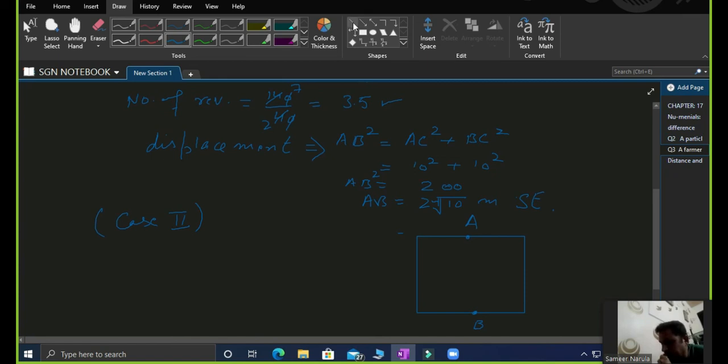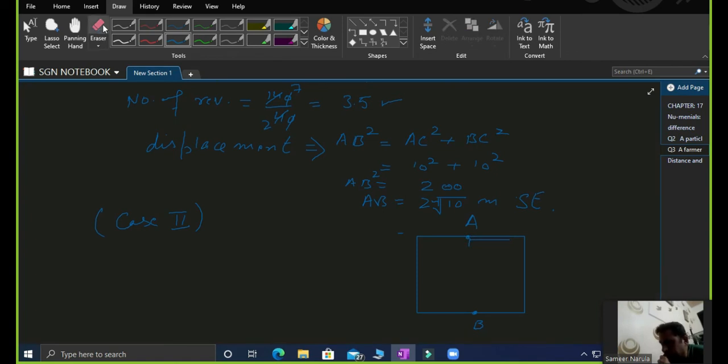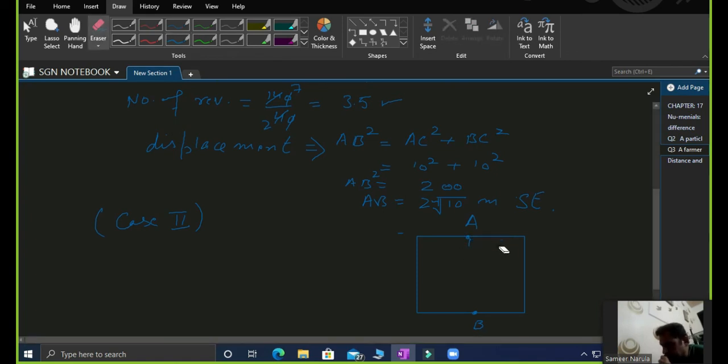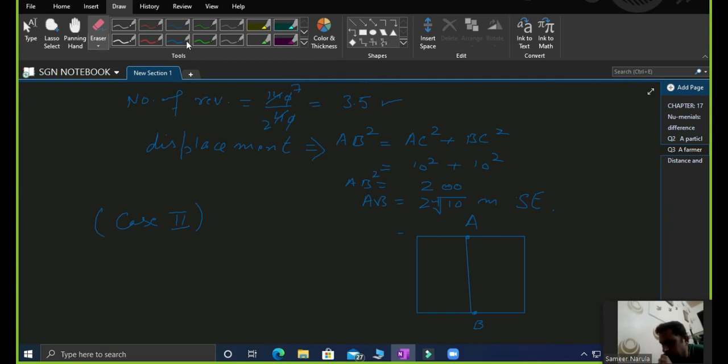Now regarding this one, this is the shorter distance that we have with us. This is the shorter distance we calculated here.